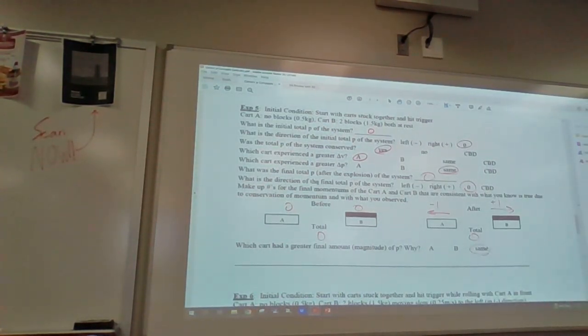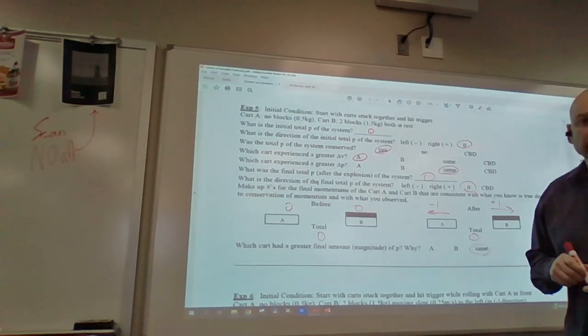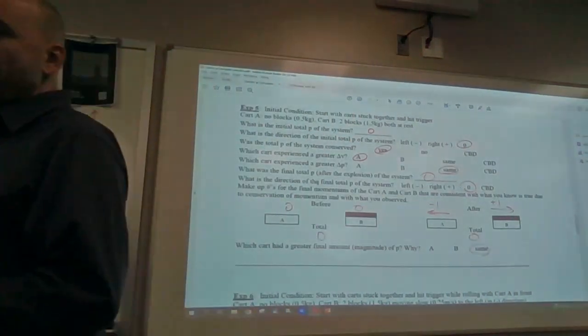So the total momentum of the system remains 0. Because the total momentum of the system is 0, whatever's going one way has to go the other way to cancel it out. Okay?